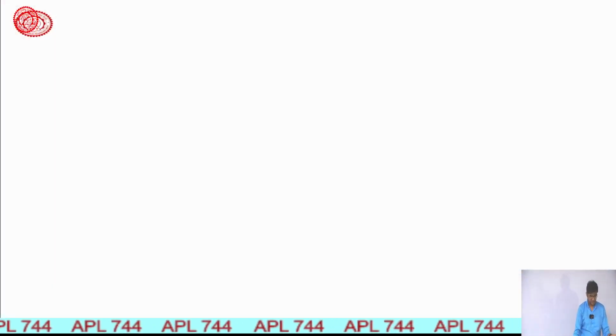So now, continuing from that point, in Bayesian linear regression, as I said, we were working with the assumption that our prior we will be using is a conjugate prior. Okay.